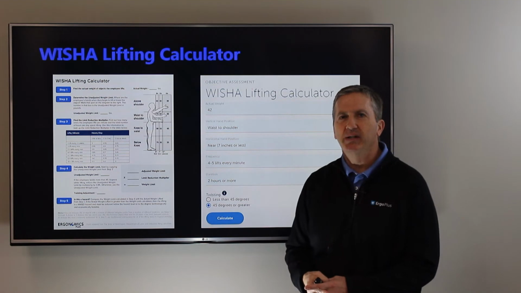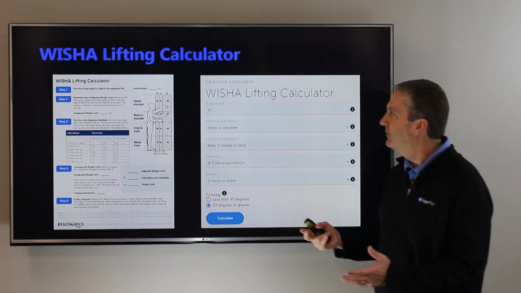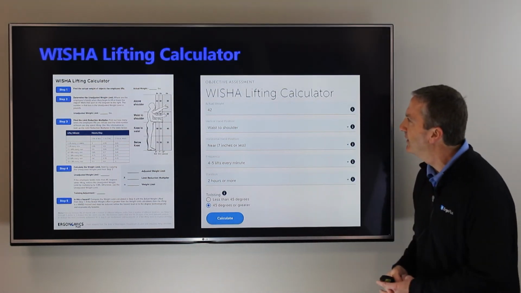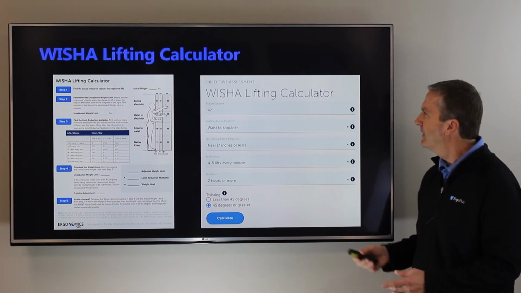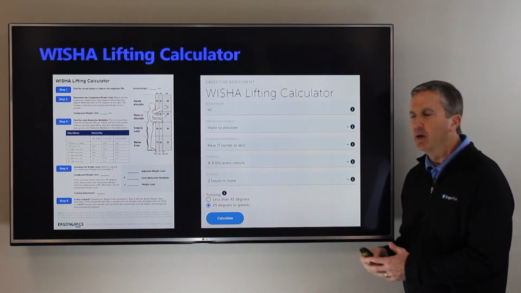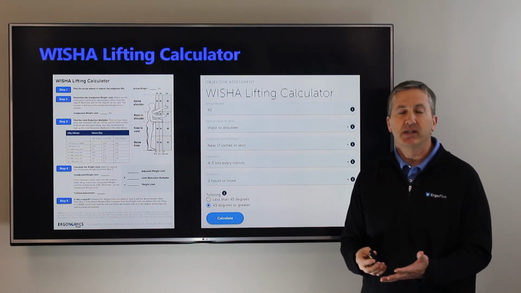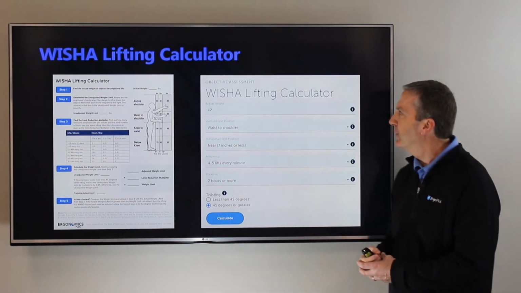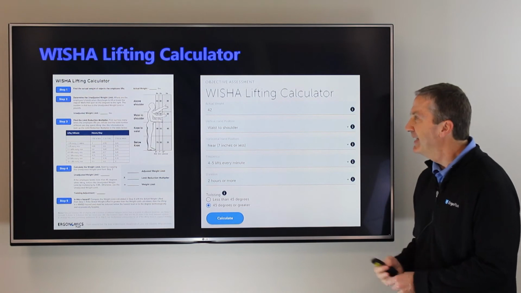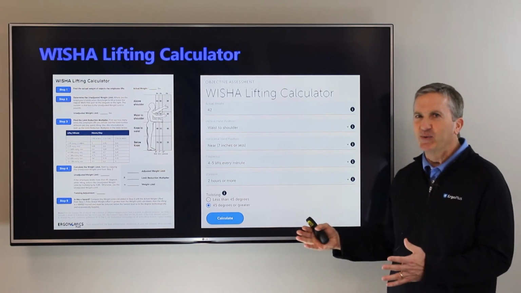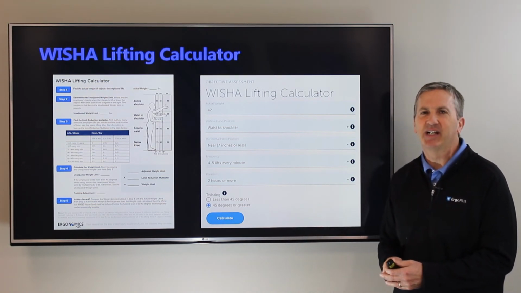I also want to mention that there's another calculator that we've developed for the WISHA, this WISHA lifting calculator. This methodology was developed by the Washington State Department of Labor and Industries. Again, it's an old tool, but has also stood the test of time.